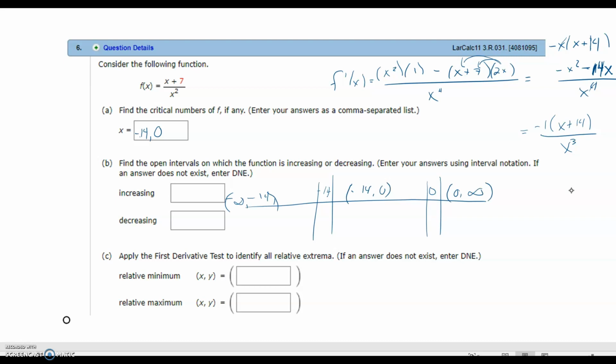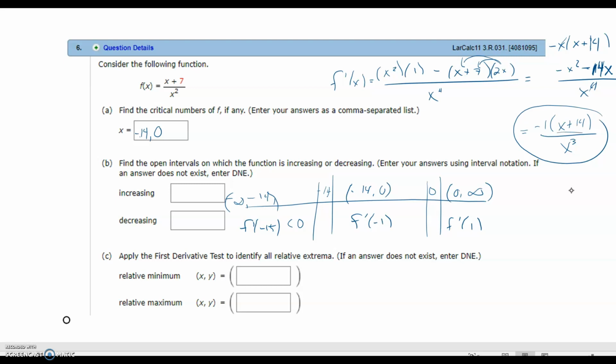Take a test value from each of these intervals and plug it into your derivative. Plug it into this guy, right? If you plug in negative 15, you get a negative in the bottom, you get a negative here, and you get this negative 1. So it's 3 negatives, gives you a negative.